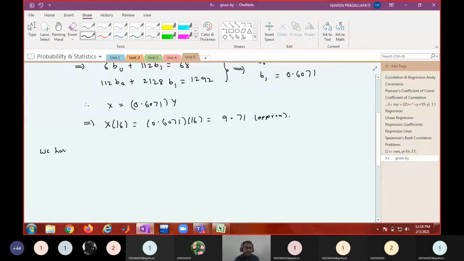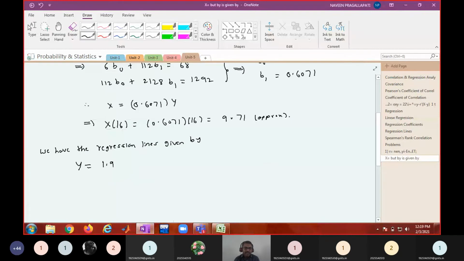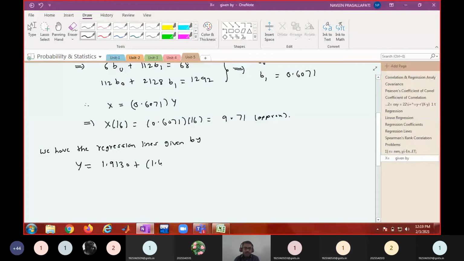We have the two regression lines given by: y equals 1.9130 plus 1.4783 into x, and x is equal to 0.6071y.